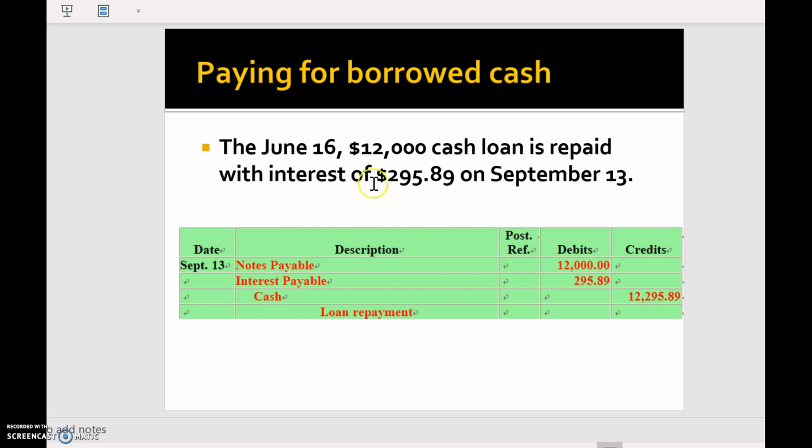All right, so when we are paying back the loan, we would be paying back cash, which consists of the principal and the interest. There is notes payable and interest payable, and we are paying them together. So if you are not familiar with two accounts on the debit side and one account on the credit side, this is a good chance to understand that when we record our transactions, we may have multiple accounts on the debit side or the credit side, as long as they add up to the same amount.